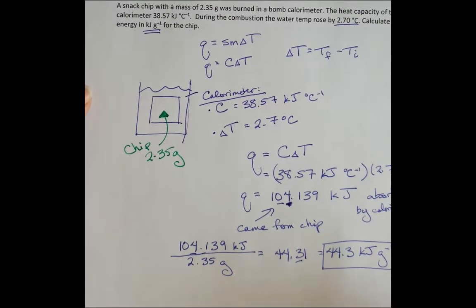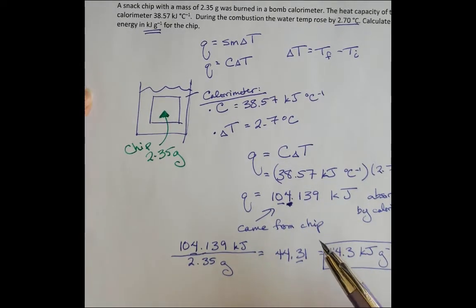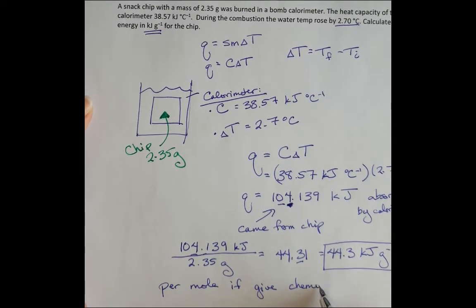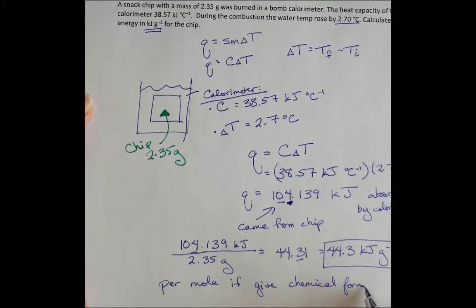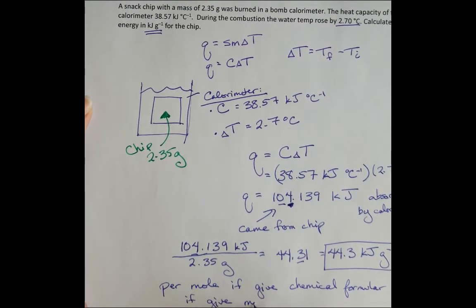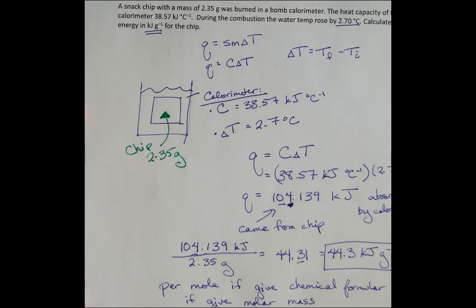Realize that in other problems, in this case we are using a snack chip, but if we were using something like gasoline or candle wax or even sugar, and we gave you a molecular formula, we could also do this per mole if given either that chemical formula or if we gave you the molar mass. So this does have a couple of other possibilities as you go through these calculations.